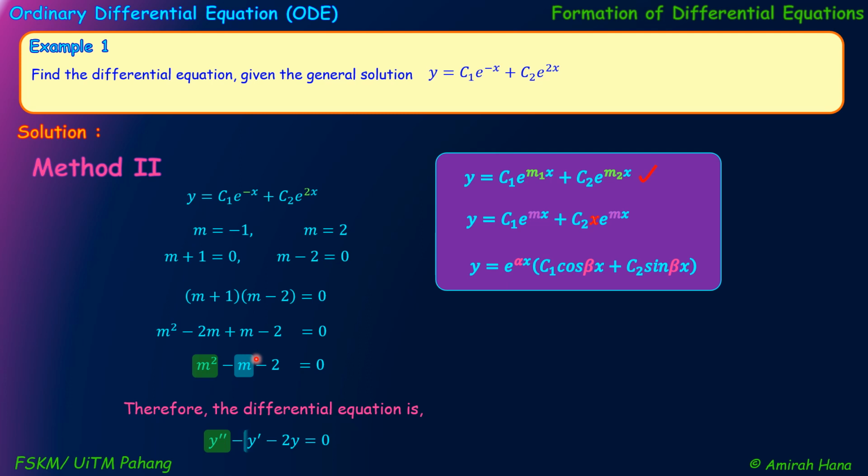M to the power of 1 means y prime. And then 2 here means 2 times m to the power of 0, and m to the power of 0 equals 1. So that's why we get 2 here, because 1 times 2 equals 2. And m to the power of 0 corresponds to y. So that's why the differential equation is y double prime minus y prime minus 2y equals 0.